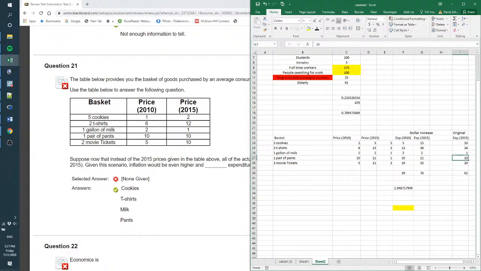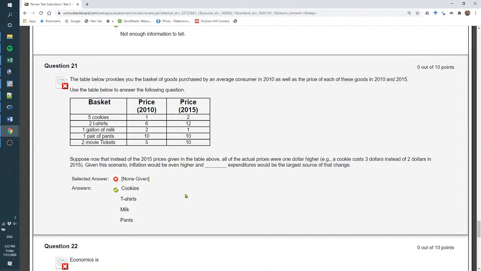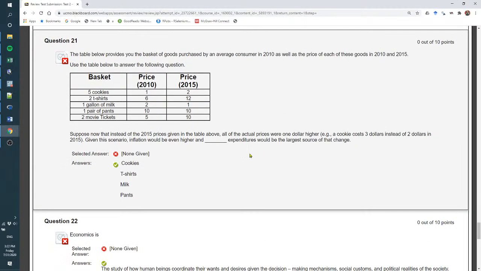Then 10 to 11, again, that's just $1. And so 20 to 22, that's $2. So again, the largest percentage increase is going to go from this 10 to 15. So cookies would actually be the main driver of inflation here, even though everything increased by $1.